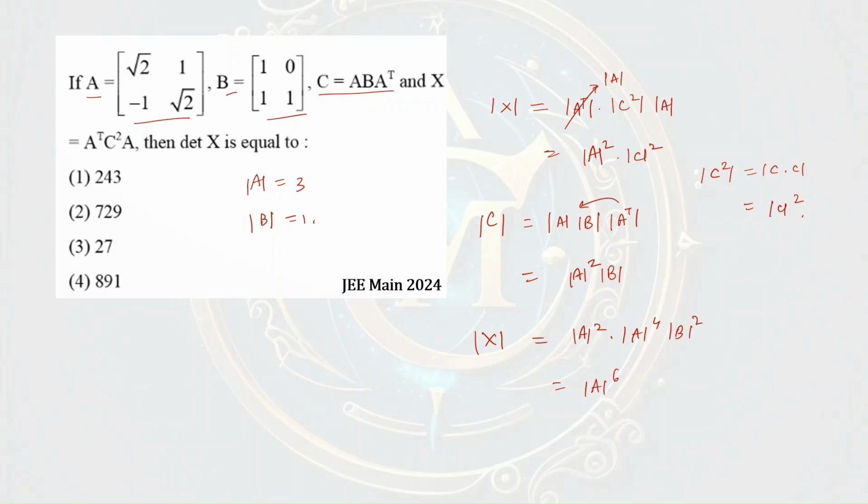Now this will be equal to determinant of A whole to the power 6 determinant of B square. That means determinant of A is 3, 3 to the power 6. Now if you calculate it, it becomes 729. So option 2 is the correct option. I hope you understood this question.